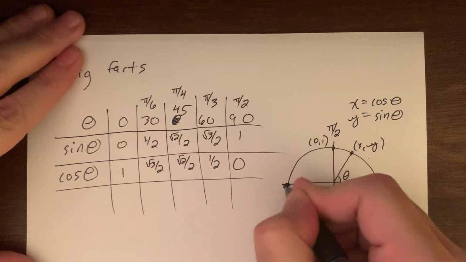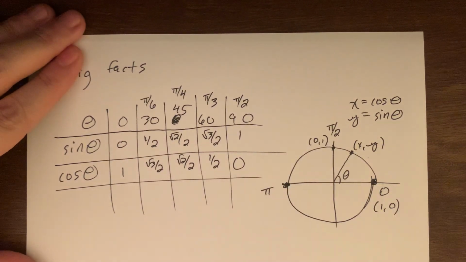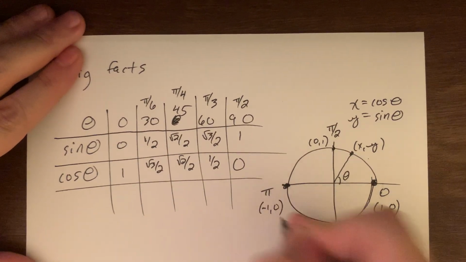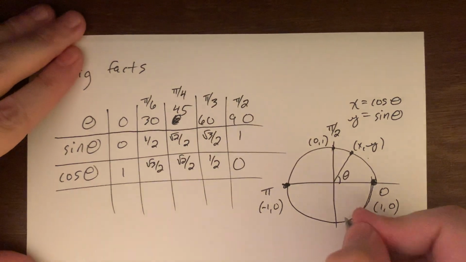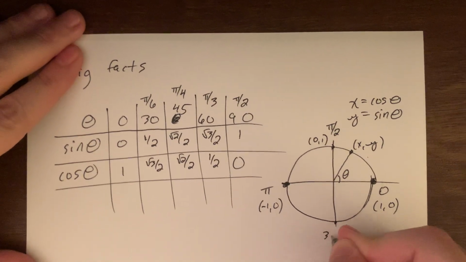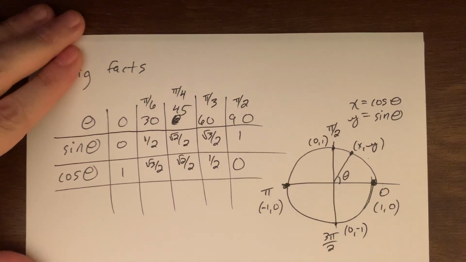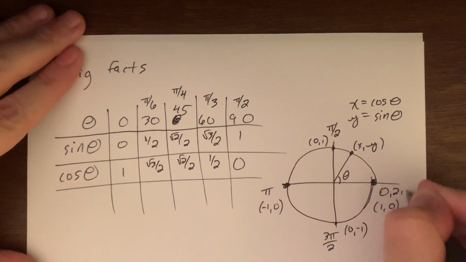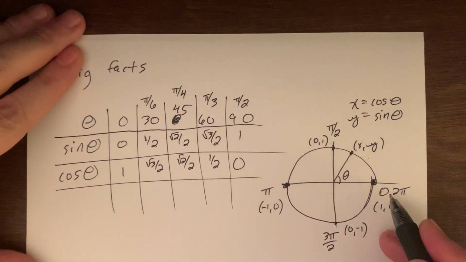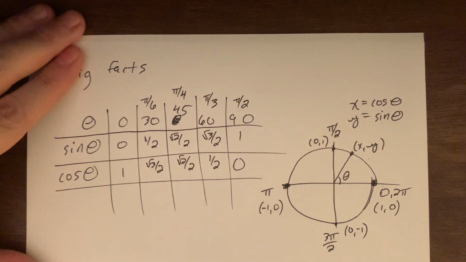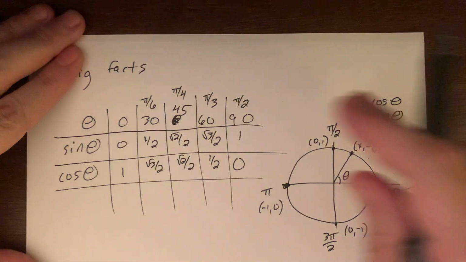Over here, 180 degrees, or pi radians, that's negative 1, 0. Here at 270, or 3 pi over 2, that's 0, negative 1. And we wrap around our circle, 2 pi is the same as 0. So, why did I do this?